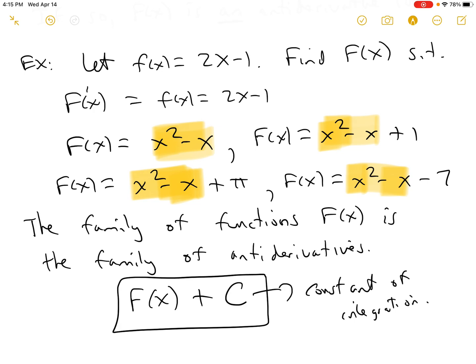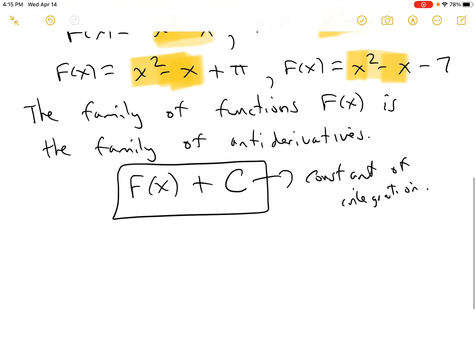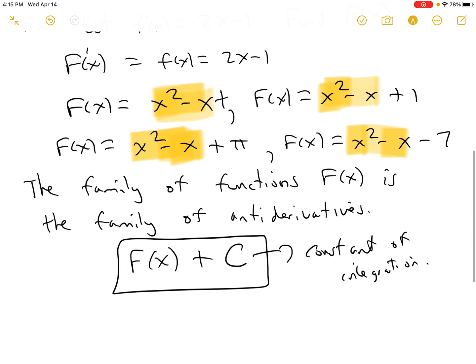And if you're given some initial conditions, you can actually solve for it. And so all we're doing now is undoing differentiation. So we're going anti, and each time you pick up a constant, and these constants up here are 0, 1, -7, pi, or just C. Okay.